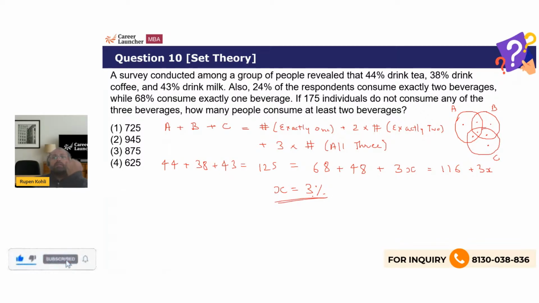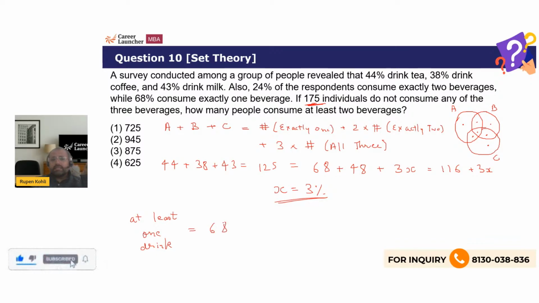So how many people consume at least 2 beverages? Now what we are given is, finally, a number which represents those who do not consume anything. So we can find how many people consume at least one drink, or the union of the 3 sets. How many people consume at least one drink in percentage terms? It is the sum of the people who drink exactly 1, exactly 2 and all the 3 drinks.